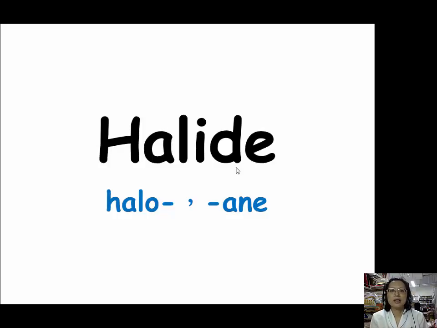When these halogens form salts, they are called halides. And for halide, we have the prefix halo or the suffix ane.